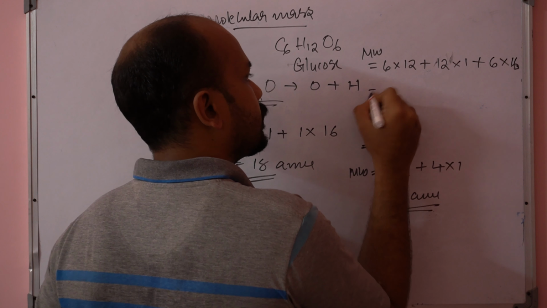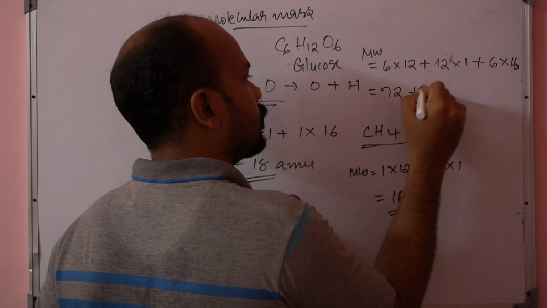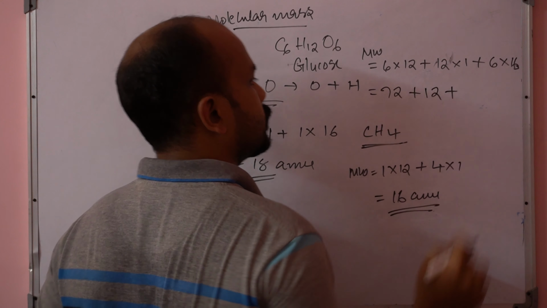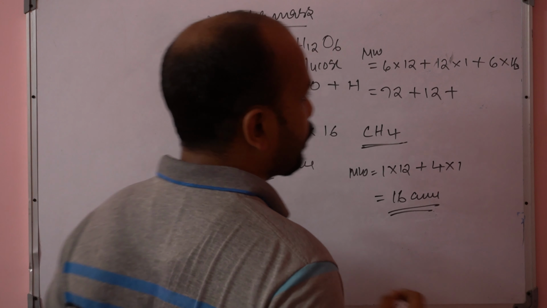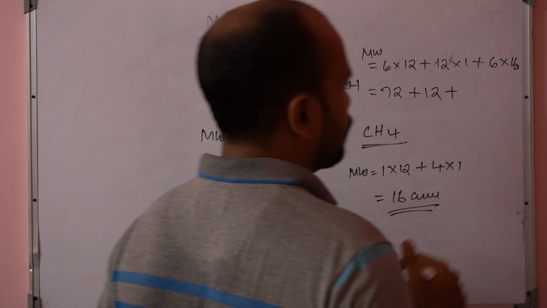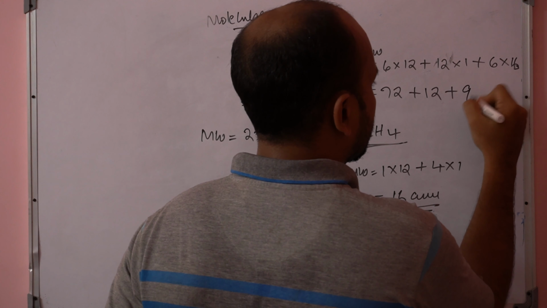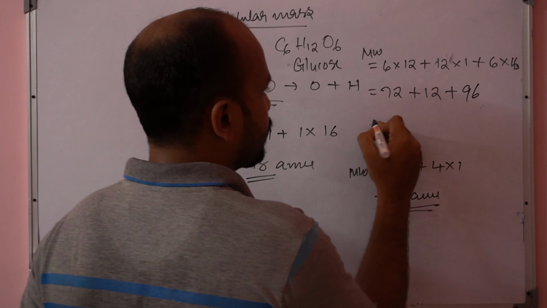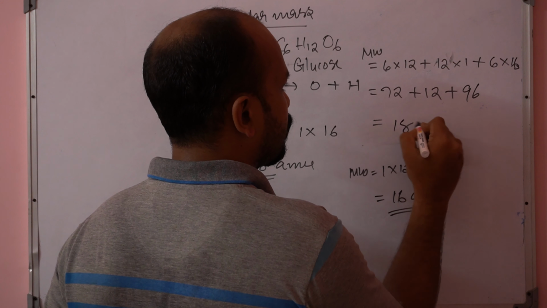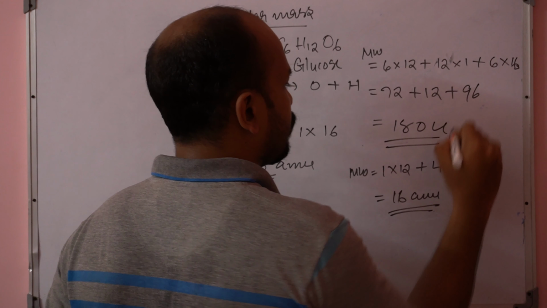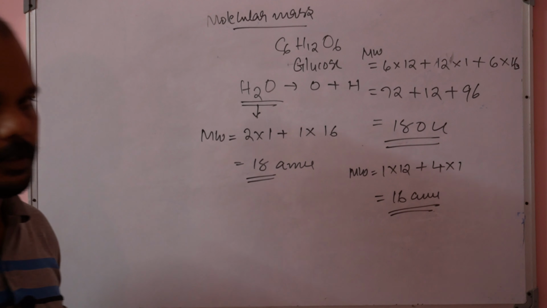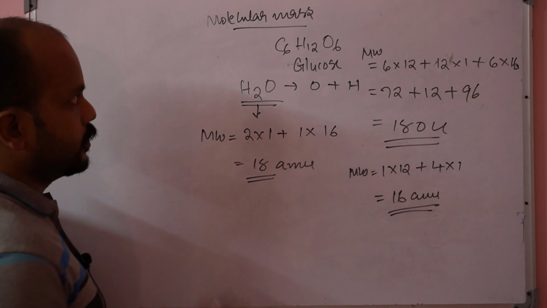So we get 72 plus 12 plus 96, and the molecular weight is 180 unified mass units, or you can also write atomic mass units. So this is how the molecular mass can be calculated.